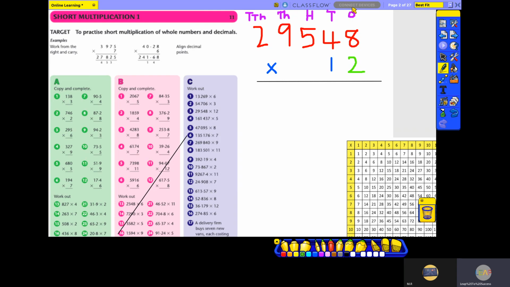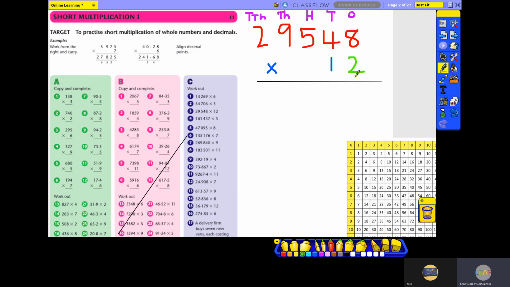So you've got your ones, tens, hundreds, thousands, and 10,000s. So you'll have 20,000, 9,000, 500, 40, or 4 tens, and 8 ones. So that makes 29,548.